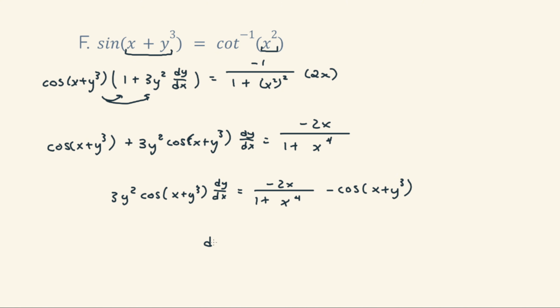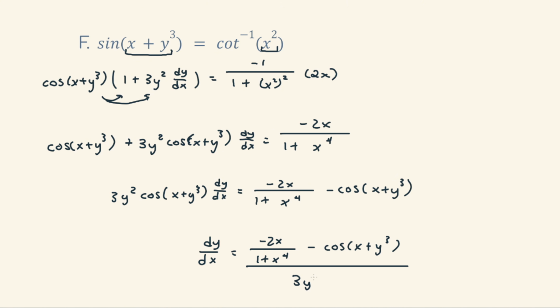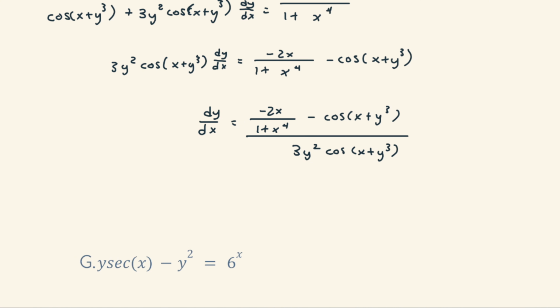So dy over dx is equal to minus 2x over 1 plus x to the 4, minus cos of x plus y to the 3, all divided by 3y squared cos of x plus y to the 3. And that's the answer for F.